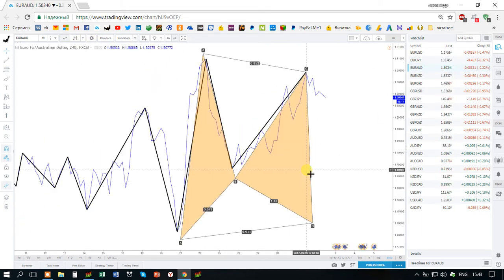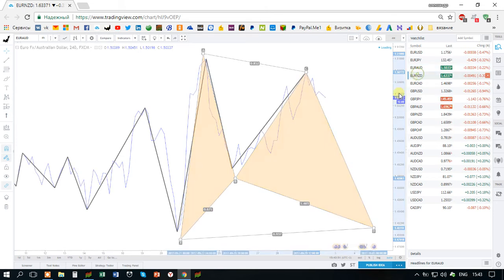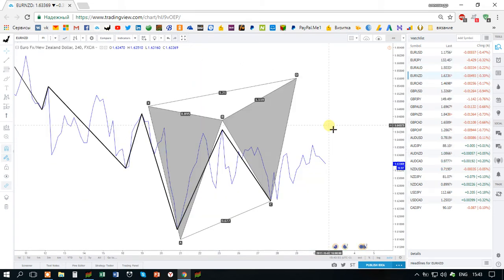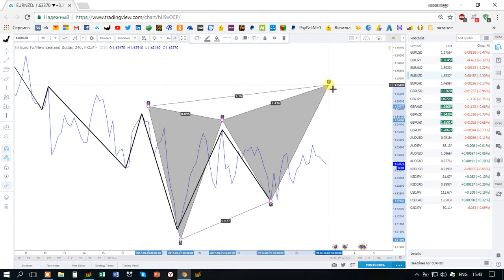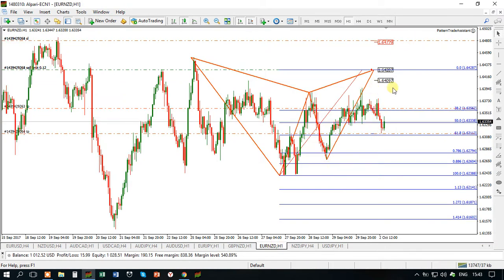Euro Aussie. Okay, we have it this way, but it is pretty far from completion, so no changes. Euro NZD, we also have a 4 hour time frame butterfly pattern that is pretty far from completion. Before that we will complete the Euro New Zealand 1 hour Gartley.